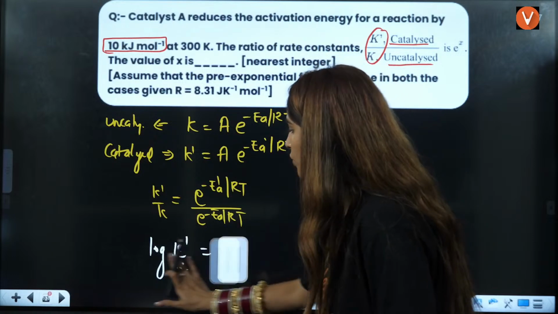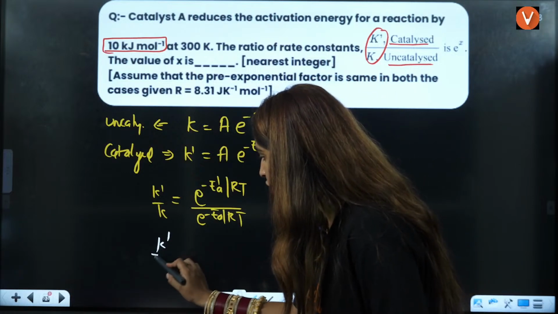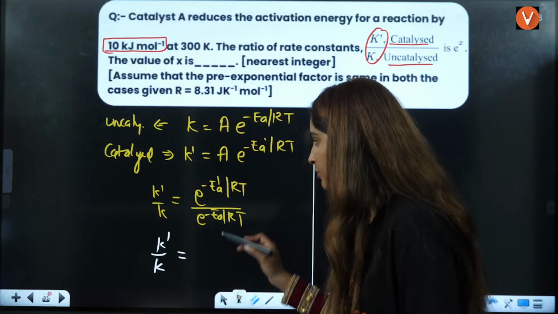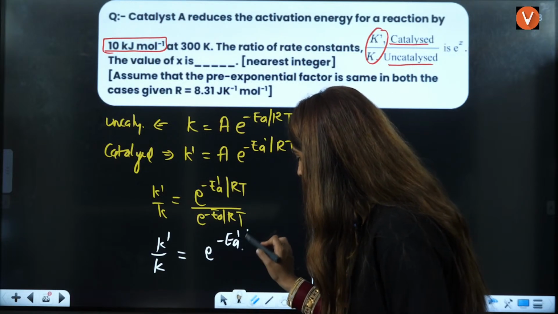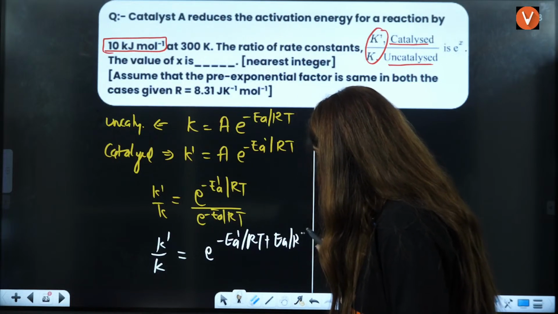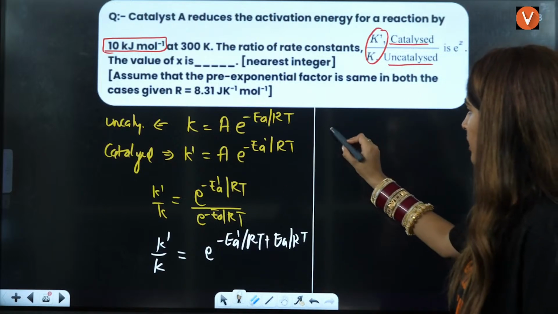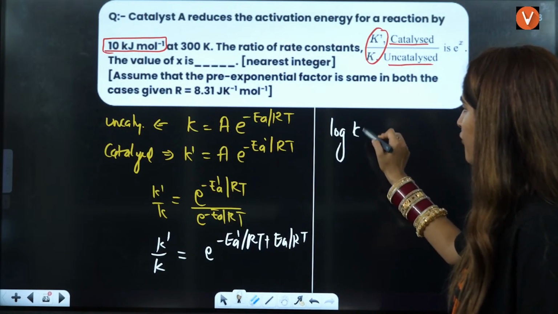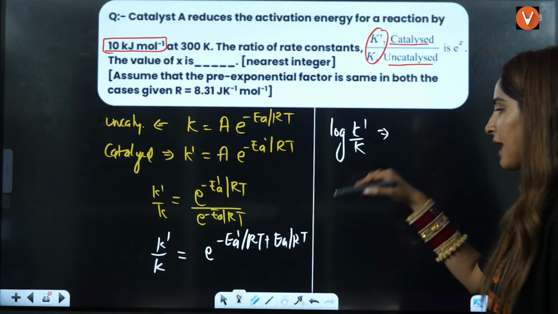Beta, you can do one thing here, because I don't want you to cram one more formula. k dash by k will be e raised to power minus Ea dash by RT plus Ea by RT. Take the log on both sides, log base 10 of k dash by k, and the e will cancel out.